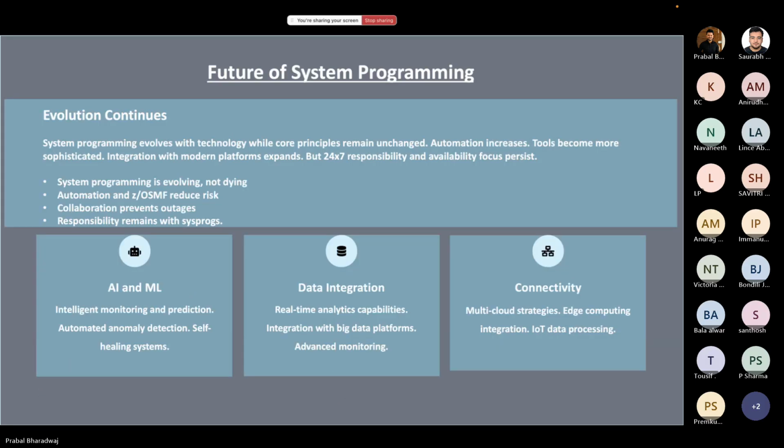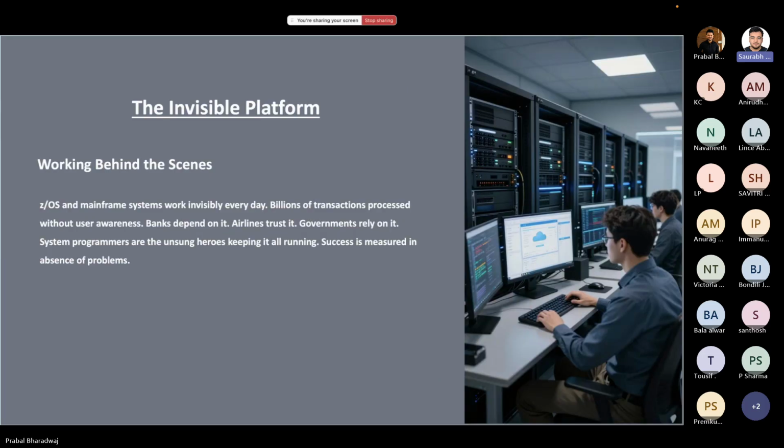Now let's talk a bit about the future of system programmers. I think we have largely covered the modernization aspect of it: the automation, how it is getting integrated, the new-age tools and techniques, DevOps, cloud, APIs, etc. I guess we can move on to the next one, which talks about the invisible platform.